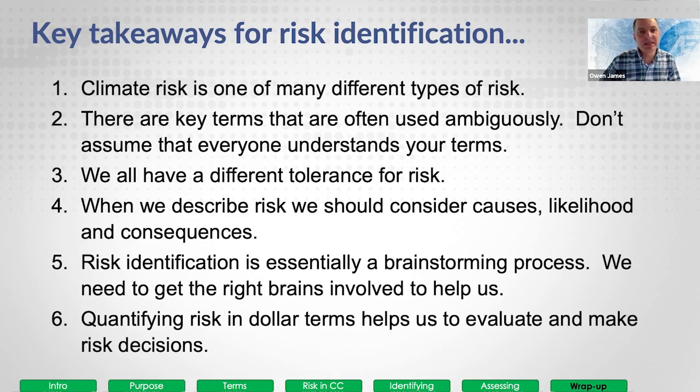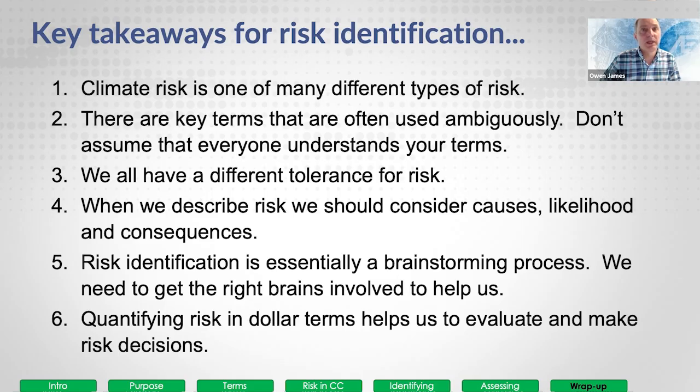So the key takeaways: climate risk is one of many different types of risk. And when accountants and investment planners are looking at how much investment an organization needs, they're probably taking into consideration all of those other risks.